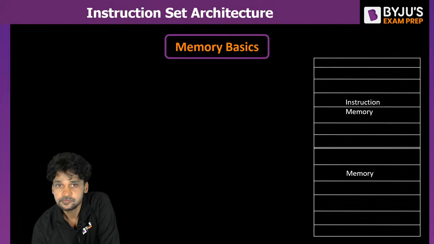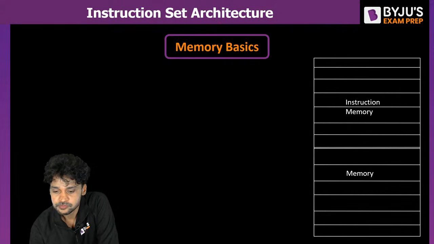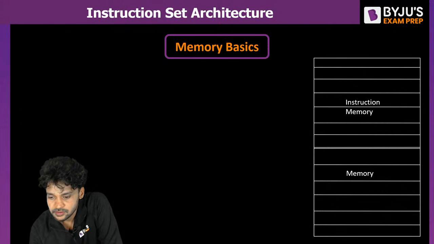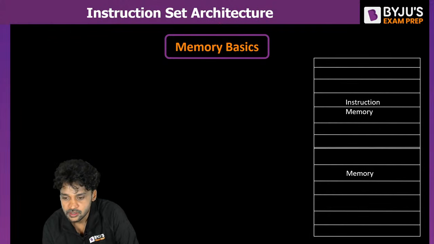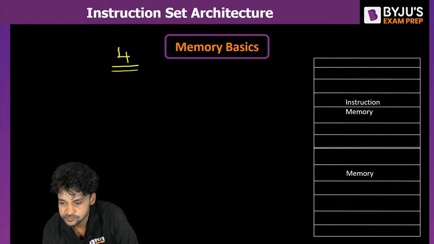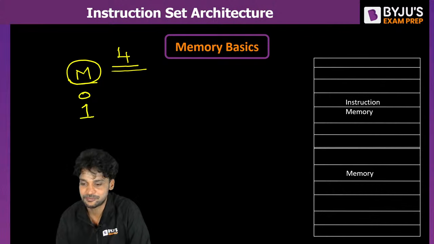Here the thing is, let us only talk about the first 4 digits. The first digit is a mode digit. I don't need to talk more about this mode digit: 0 is direct addressing mode, 1 is indirect addressing mode, right?